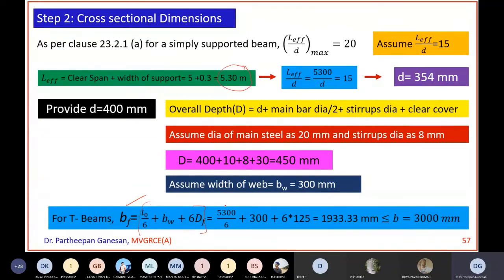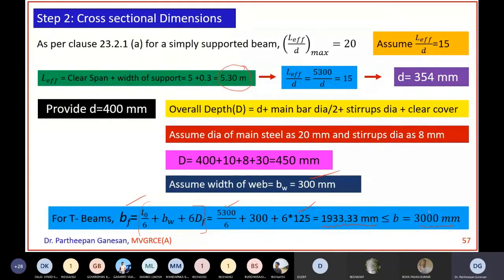So 5.3 meters is 5,300 by 6. BW we have assumed to be 300 plus 6 times DF. DF is given as 125 mm, the thickness of the slab in the problem itself. So BF is coming out to be 1933.33 millimeters, and the actual width of flange is how much?